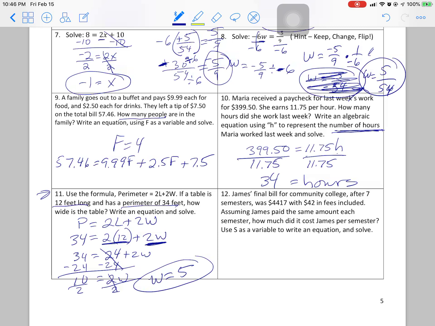Okay. Last one, James, excuse me, the bill for the community college was, for 7 semesters, this. So for all 7 semesters, that was the total. Use S as a variable to write. Let me read it again. James' final bill for the community college after 7 semesters was this, with fees of this included.